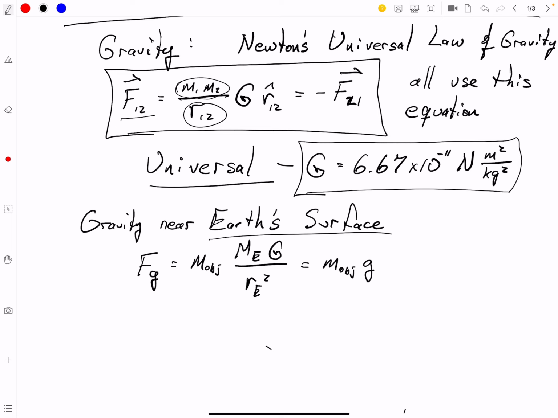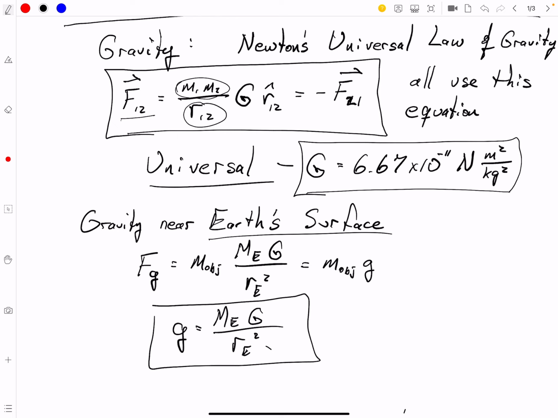And what does that mean? That means that g is equal to the mass of the Earth times the universal gravitational constant over the radius of the Earth squared. That is at the Earth's surface.